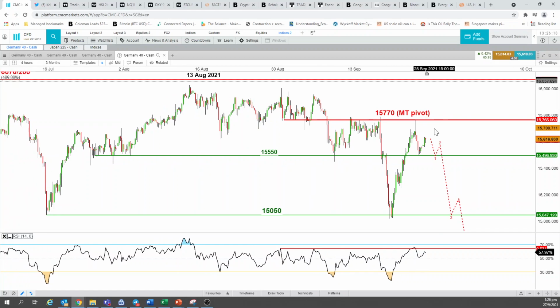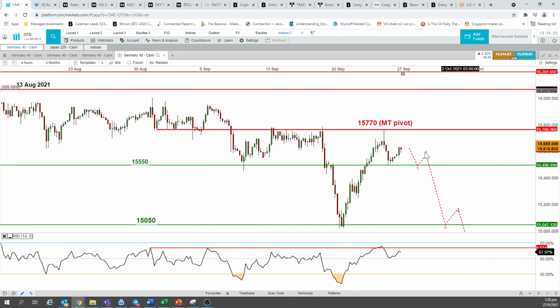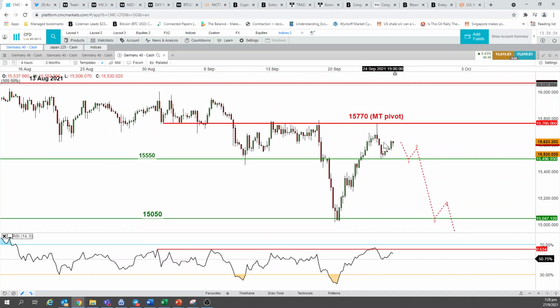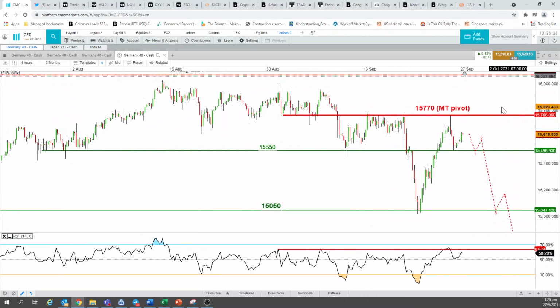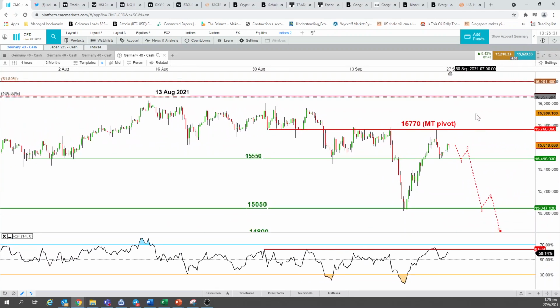So no change. We still definitely keep this 15,770 as a key level, due to the way it reacted off last week by forming a 4-hour shooting star last Friday. So definitely this is a key level to watch to maintain that bearish view that we have. As long as 15,770 still holds, we still maintain that bearish corrective decline view for it to retest 15,550, where last Friday's rebound started.